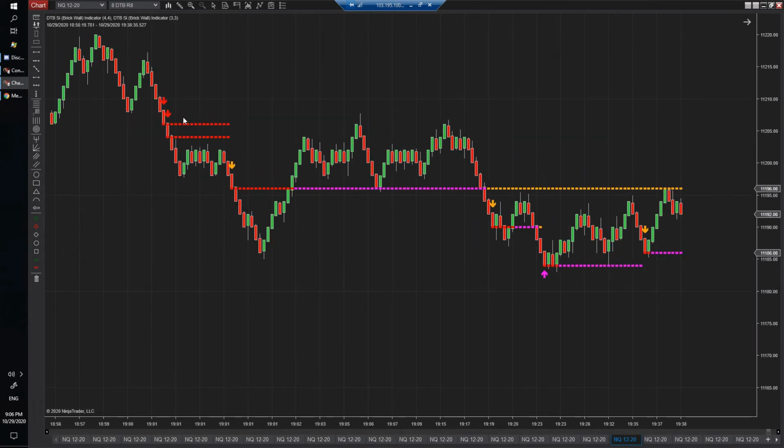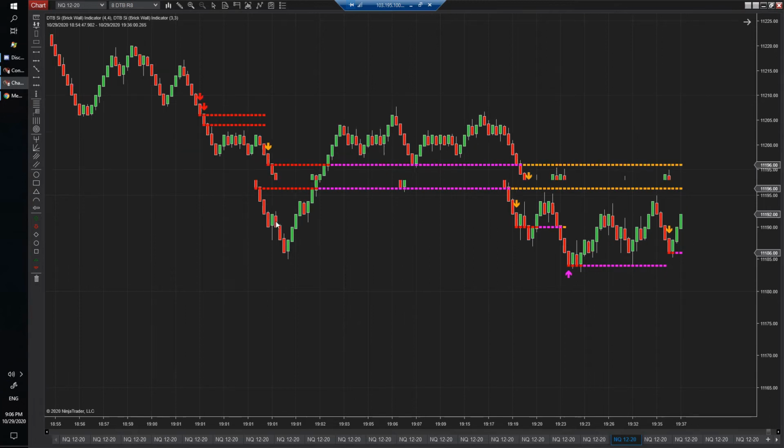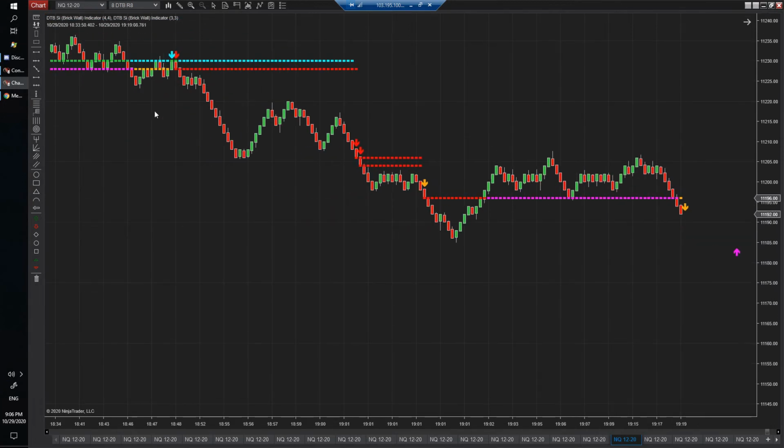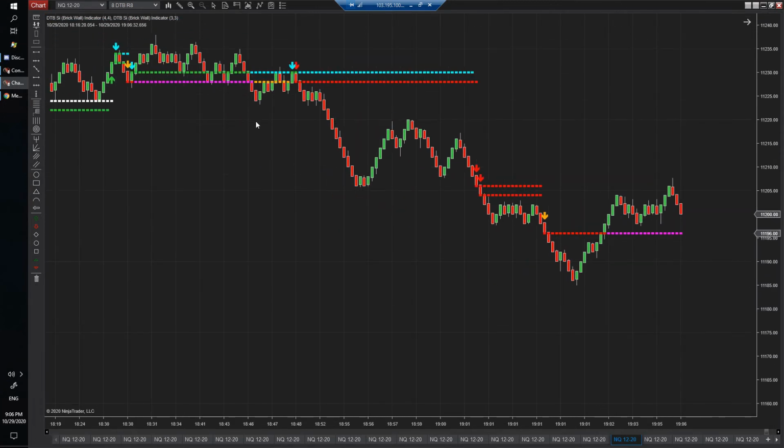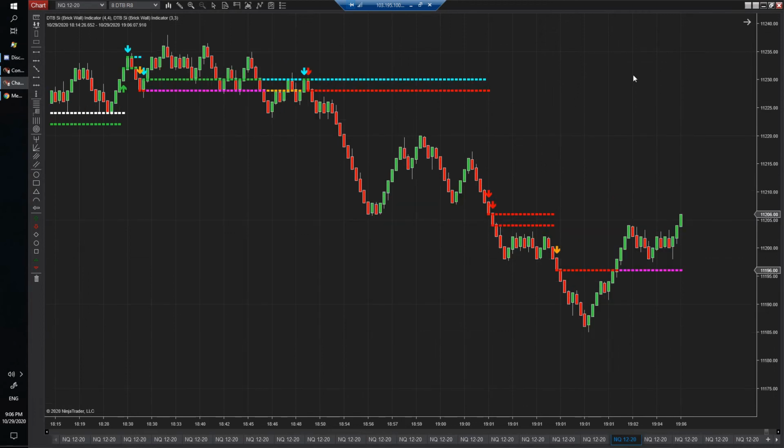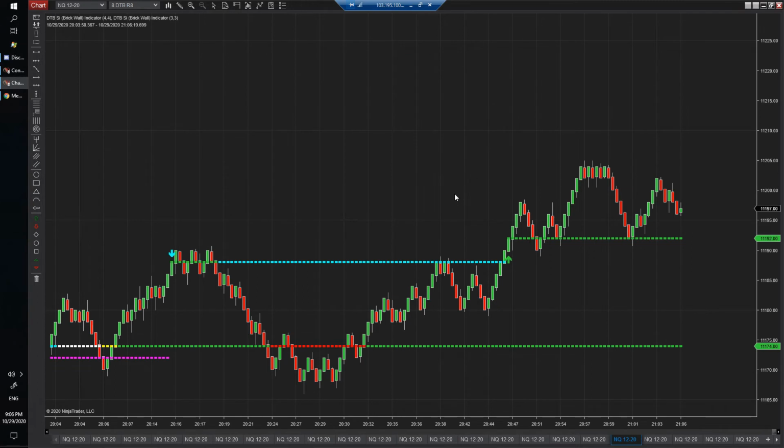It's going to give us double brick walls where it's picking up the 3 and the 4, and that's just showing us a really powerful rundown in price, and so on and so forth. So you review this indicator on a chart, it's quite powerful to use, and again, those settings are customizable, so you can alter them based on your chart size.